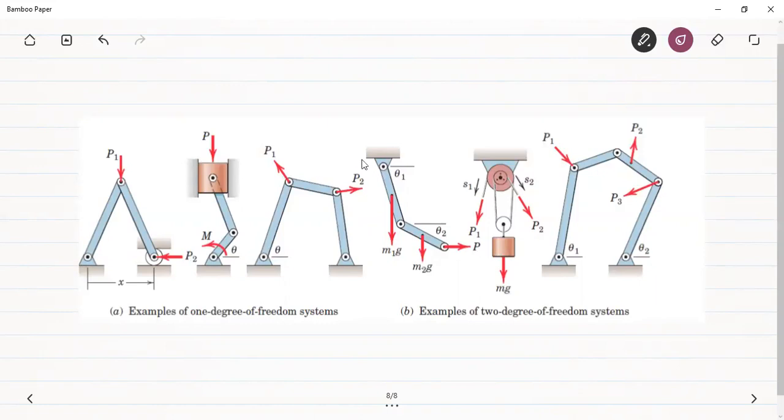But see here, sometimes these are 2 degree of freedom systems. We have to specify the displacement of this bar, and we also have to specify the other, that is, 2 coordinates are required to specify the configuration of the whole system. Then we call them 2 degree of freedom systems. Unless we specify delta theta 1 and delta theta 2, there will be 2 displacements.